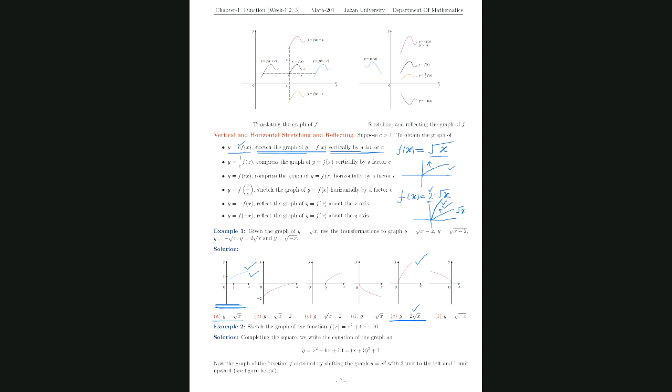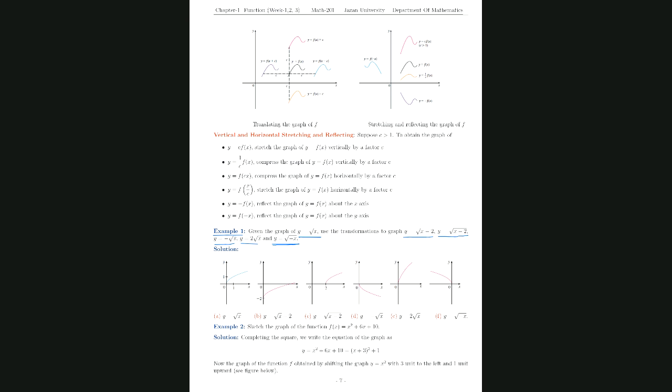Last lecture I explained these questions. Example 1: sketch the graph of y equals sqrt x, y equals sqrt x minus 2, y equals negative sqrt x, y equals 2 times sqrt x, and y equals sqrt of negative x. This was all explained last lecture.